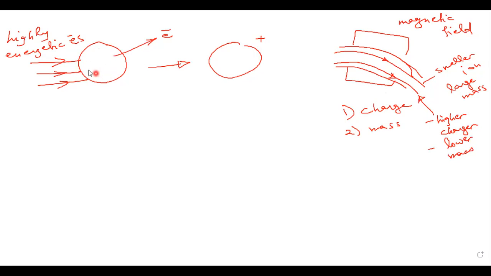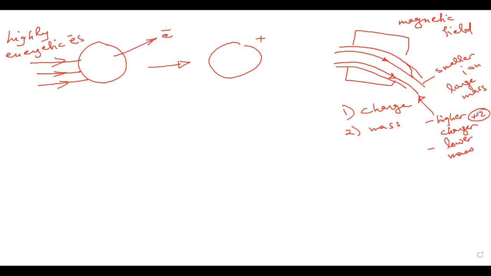So inside the mass spectrometer, the molecule is subjected to highly energetic beams of electrons. When these electrons strike the molecule, they will eject an electron out of it, and a positive ion will be formed. Then this positive ion will go through the mass spectrometer, where it is going to be deflected by a magnetic field, depending on its charge and its mass. The higher the charge, of course, we don't have here charge except +1 and +2.